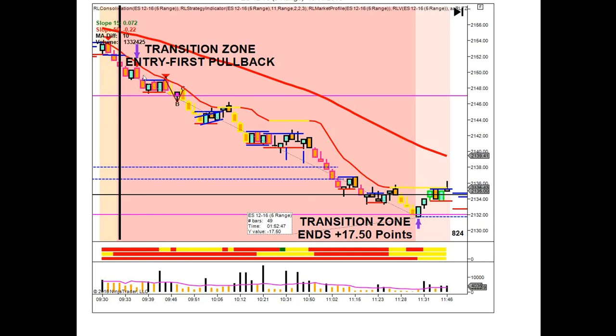But my goal is not to present you with a gigantic number for our upside. What my goal is to present you with is an amazing number of winners, because we trade the system with a very small number of contracts. And we do that on purpose, so that everybody can trade.